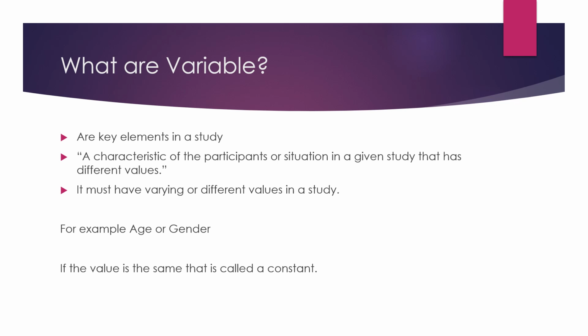Now gender, you can be male, female, transgender, so there's varying genders. If the value is the same, that's called a constant. So if the value never changes in the variable, that is called a constant.